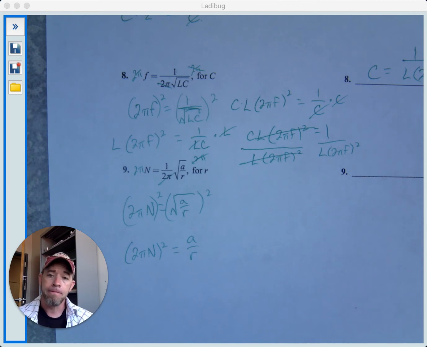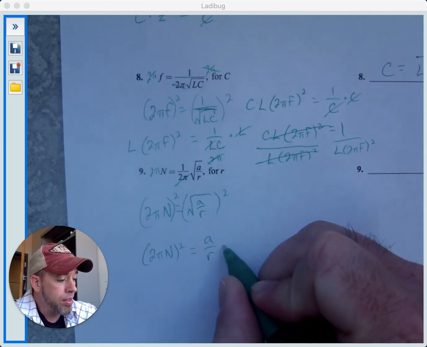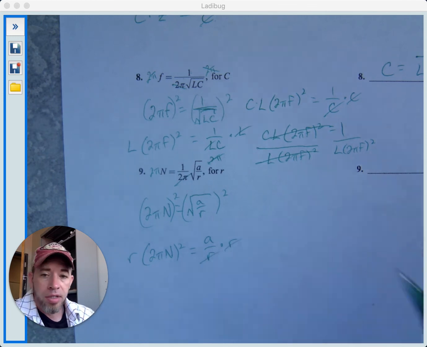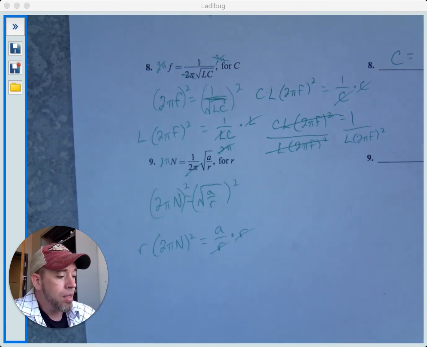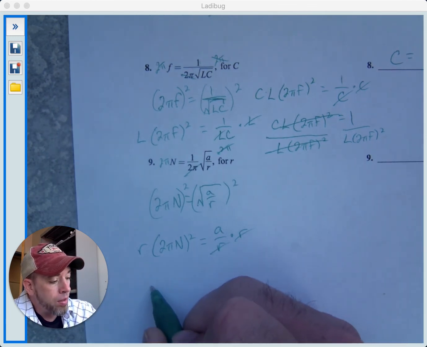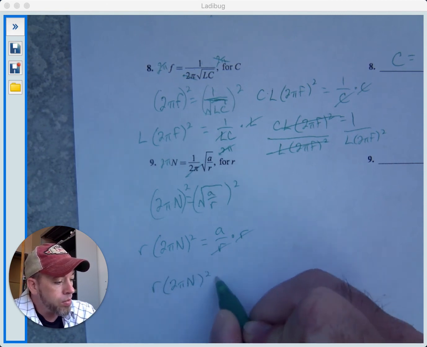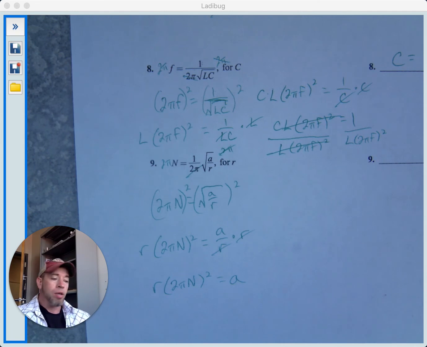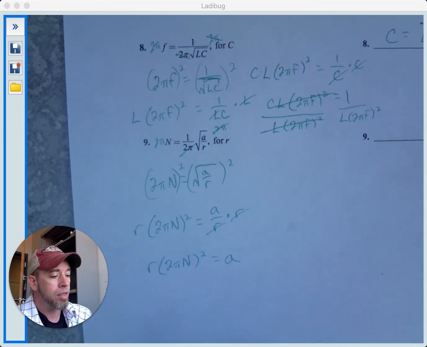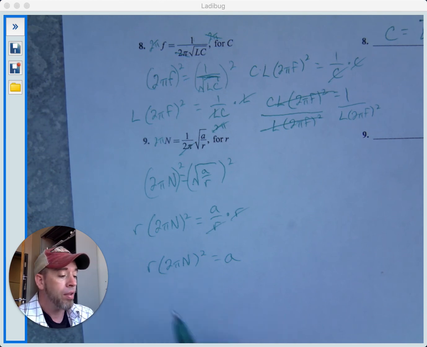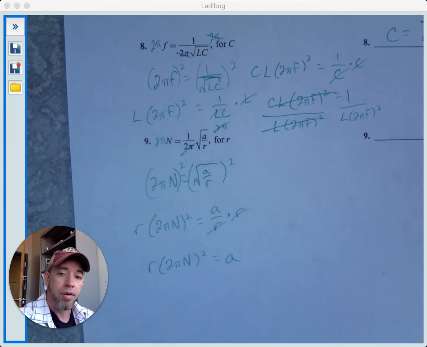Okay, now again, if we want to solve for r, which is in the denominator, let's move it to the numerator by multiplying both sides by r. R's cancel on the right, and then we end up with r times 2 pi n quantity squared equals a. Now if we want to get r by itself, since it's held together by multiplication, we do the opposite operation. We divide both sides by all this stuff next to the r.